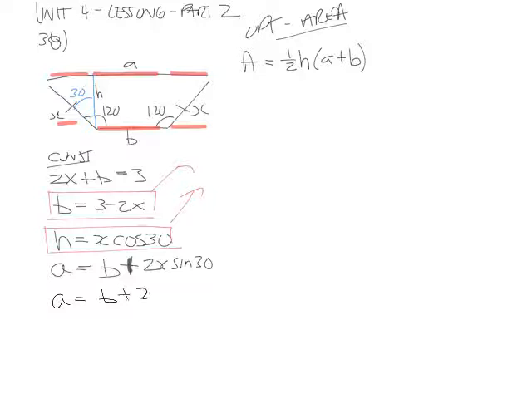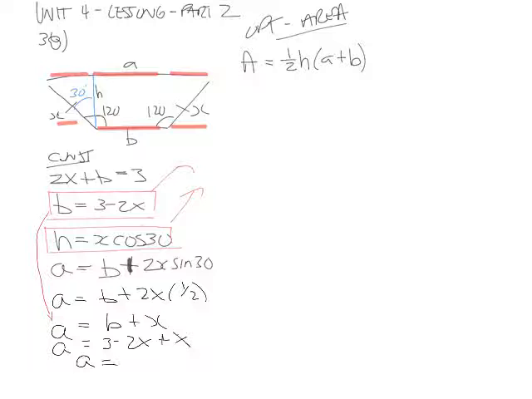So b plus 2x times 1/2 means my a value is b plus x. I've already defined what b is, so a equals 3 minus 2x plus x. I replaced b with what I said it was. So a equals 3 minus x. There is my third and final constraint equation.